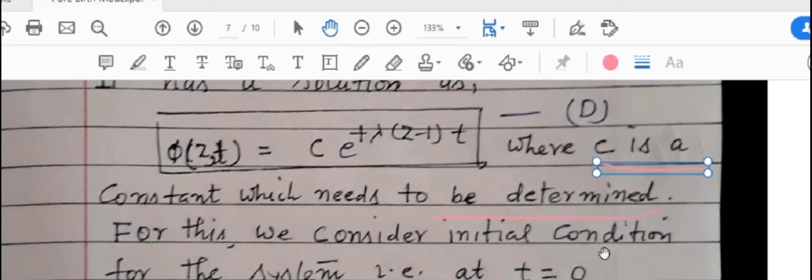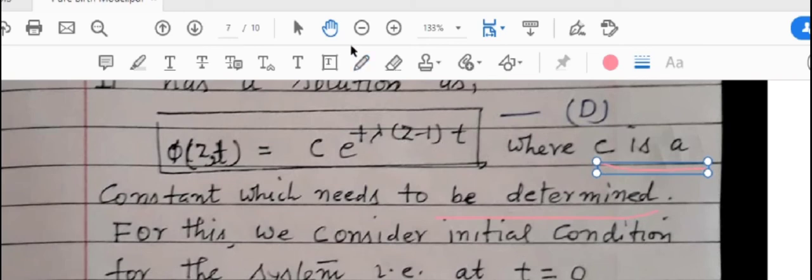In the similar manner, we put t equal to 0. We have very good justification of t in our hand, and t equal to 0 means we are talking about the initial stage of the system, when the system is going to begin.